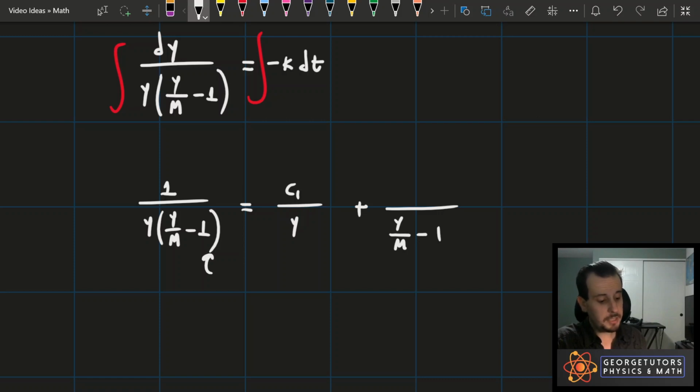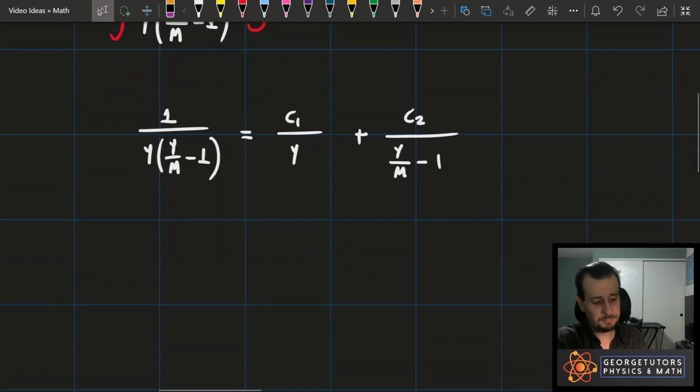The fact that the bracket here has a power of 1 doesn't mean we have any terms of this sort of nature. We just have a single constant over here, c2, given by the fact that this is linear and the power of the bracket is 1. We only have a single constant c2, which is nice.